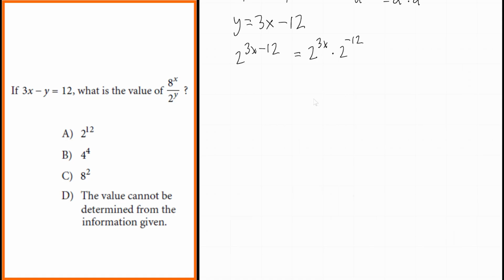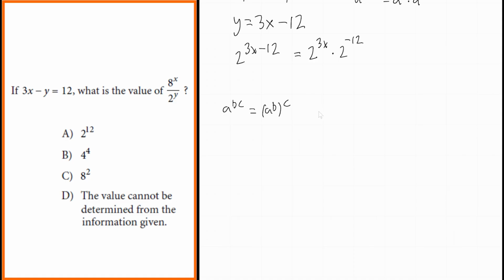So this is our first simplification, but then there's another exponent rule that we can use. Remember, if we have a to the power of b times c, if we have multiplication in the exponents, that is the same thing as a to the power of b all to the power of c.